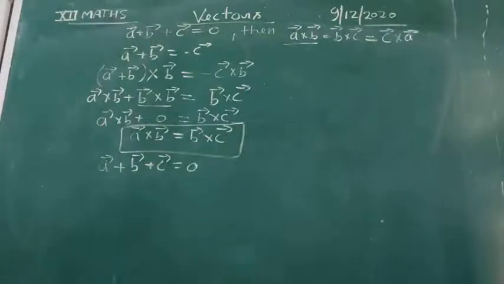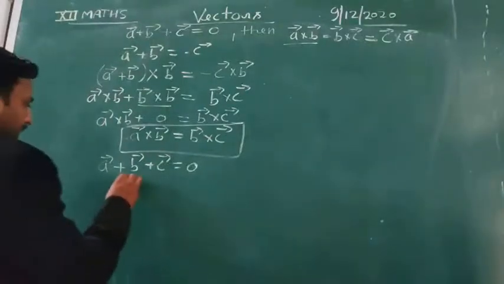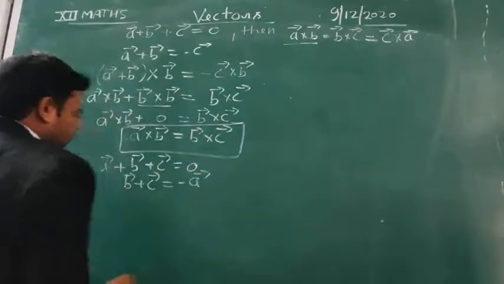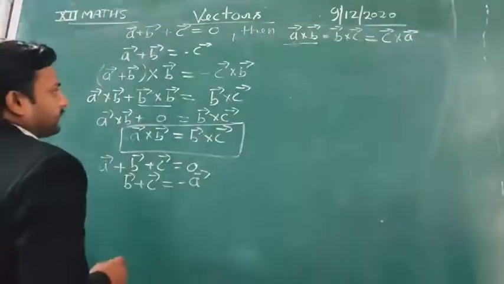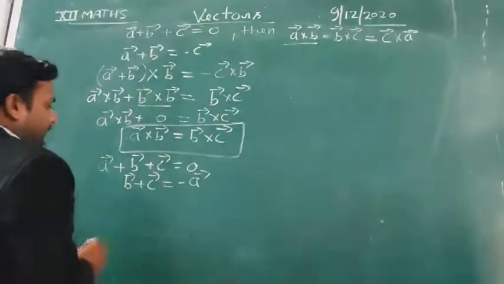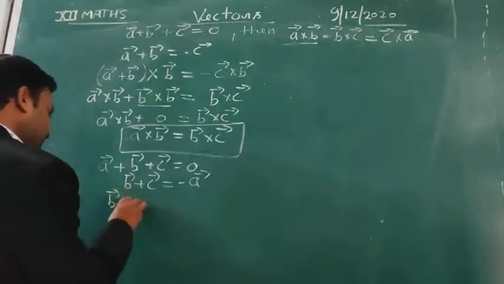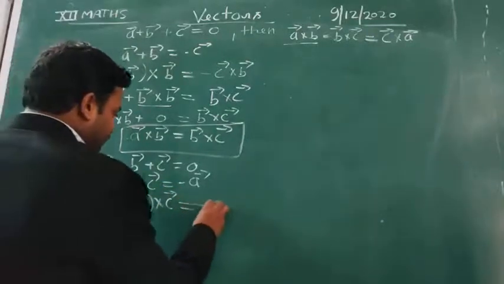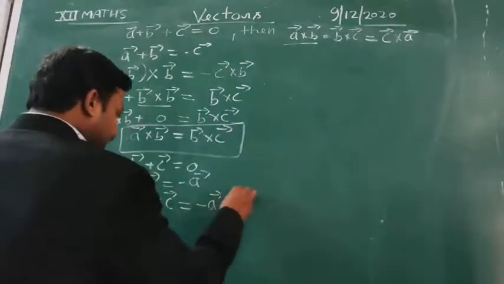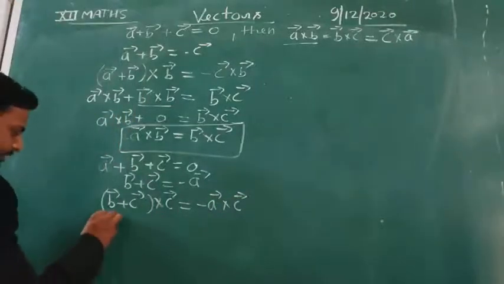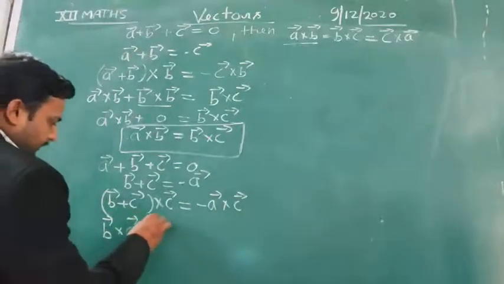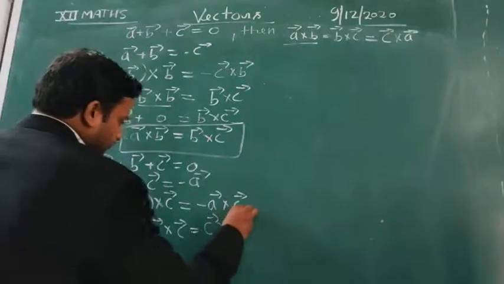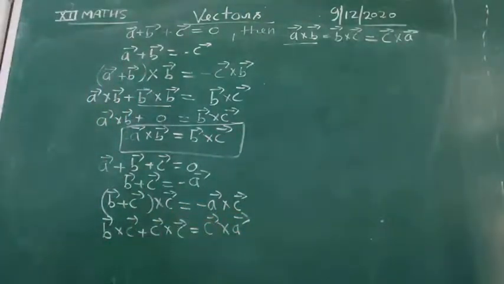Okay, now we will send this, B plus C is equal to minus A. Now taking cross product with C. Okay, so we write B plus C cross C is equal to minus A cross C. So we write B cross C plus C cross C is equal to C cross A, and this negative sign will be removed again from here.